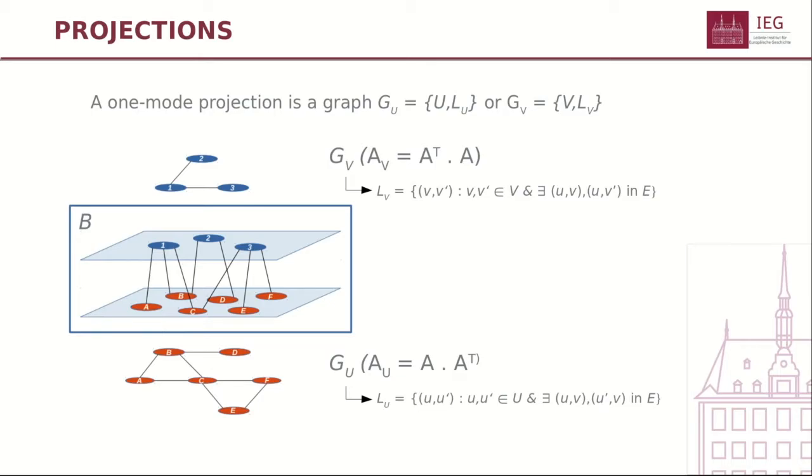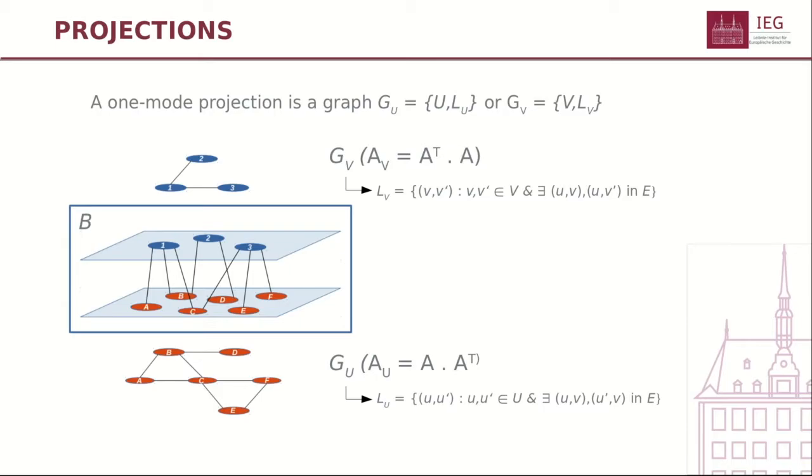And the set of links L sub V is composed by nodes V and V prime, such that these nodes belong to the set V, and there exist links connecting U and V prime in the set of links E of the two-mode network.